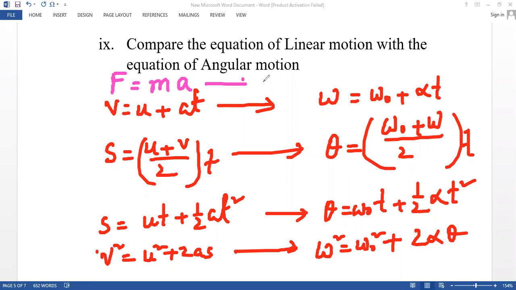So in this case, tau equals I alpha, because you know the term moment of inertia and mass are related. Mass is used in linear motion, and moment of inertia I is used in circular motion.